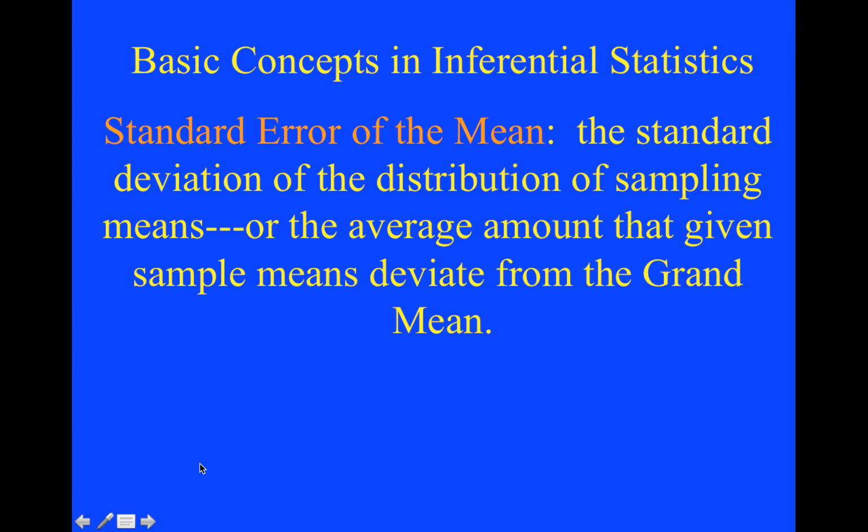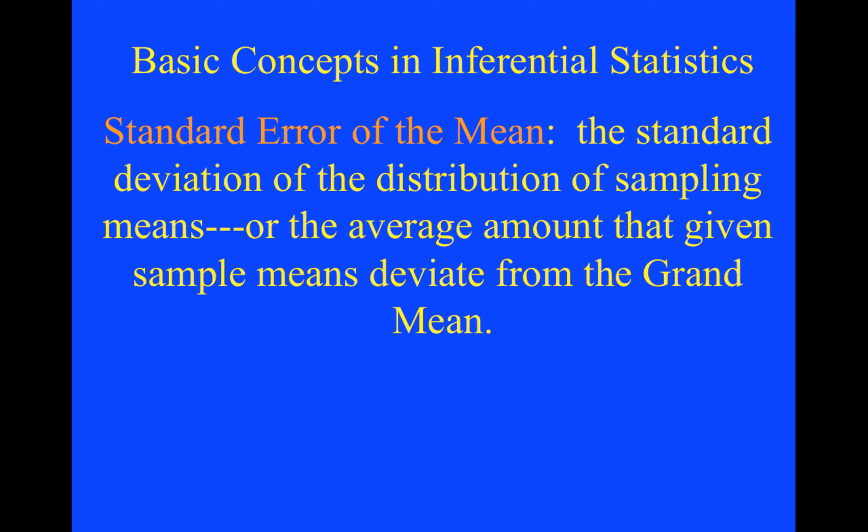Now, just as there's a standard deviation of the frequency distribution of scores, where we computed the mean and the standard deviation, we can also compute a standard deviation of the distribution of sampling means. So imagine now we've taken all possible samples of 5 people out of the class and computed their height.